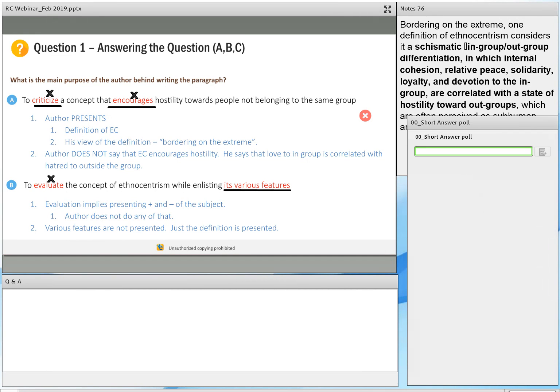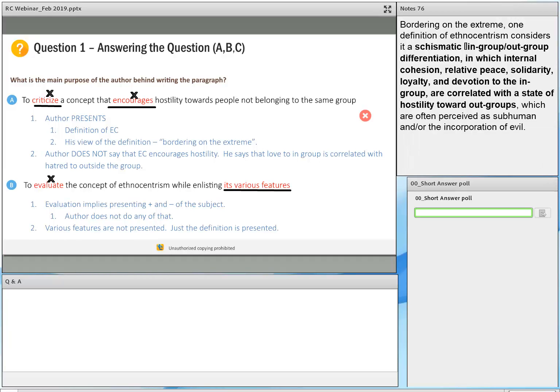The schismatic, all of that piece, love for this and so on, they come from that one definition of EC, right? They come from that one definition of EC. Does it mean they are features of EC according to the author? No, they're not features of EC. That's a list in one definition.